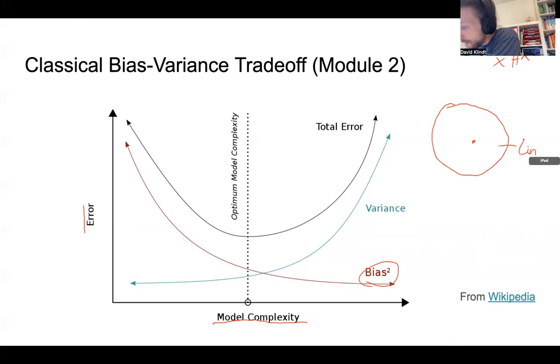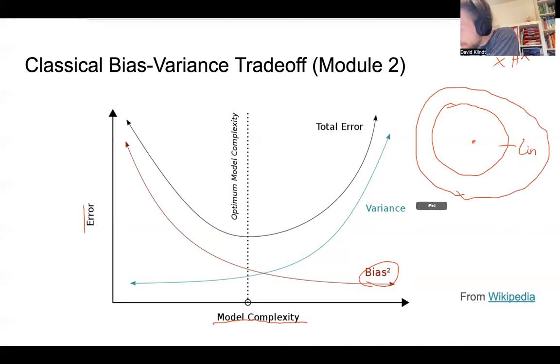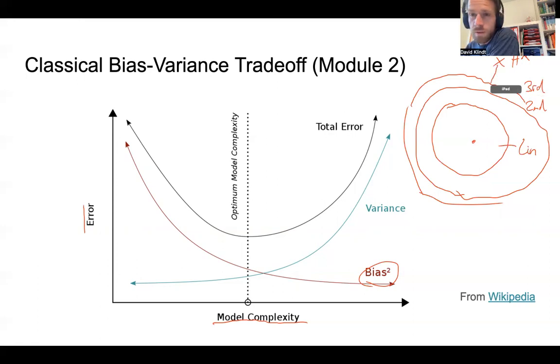Now you say, okay, well, I'm also going to consider polynomials of up to second degree. And then I'm also going to consider polynomials up to, say, third degree. And you're getting closer to the true solution. So your bias is decreasing just by assuming a specific hypothesis class.